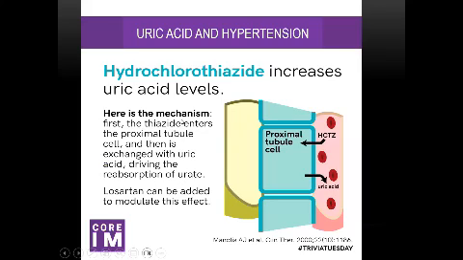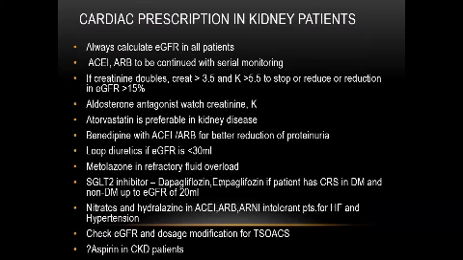And one antihypertensive you must use whenever the patient has hypertension and high uric acid is losartan, because losartan has a type specific, or agent specific, uricosuric effect. So that's why for high uric acid plus kidney disease and hypertension, it is losartan.